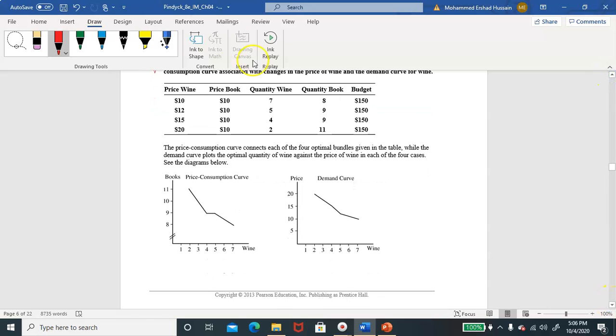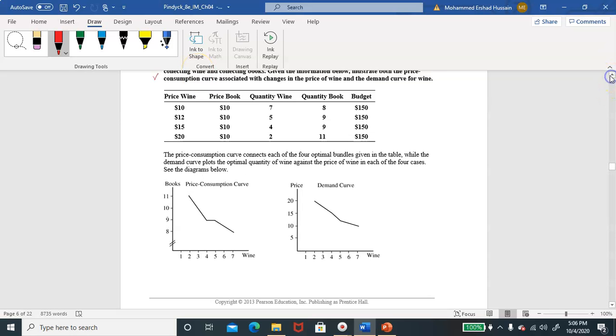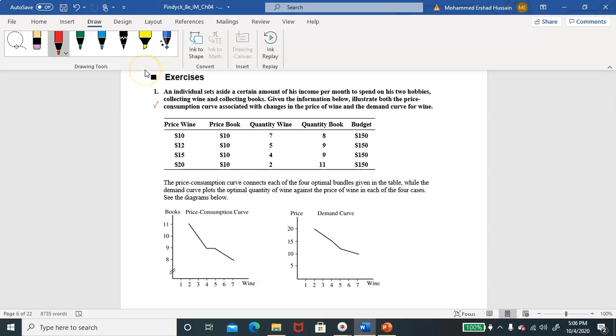So let us take a look at these mathematical exercises in your textbook, at the end of the chapter. They are giving us this information: an individual sets aside a certain amount of his income to spend on his two hobbies, collecting wine and collecting books.